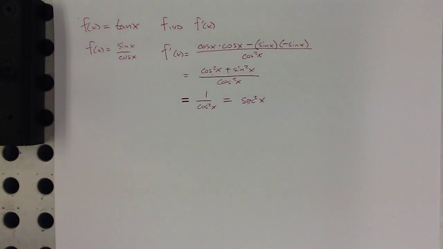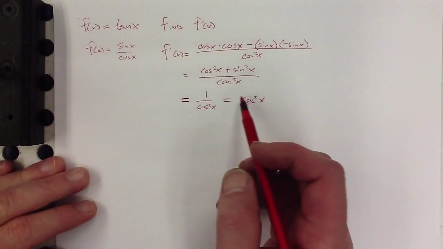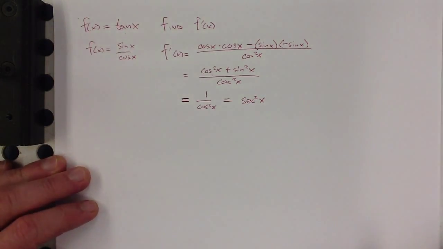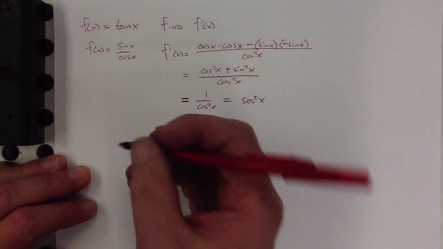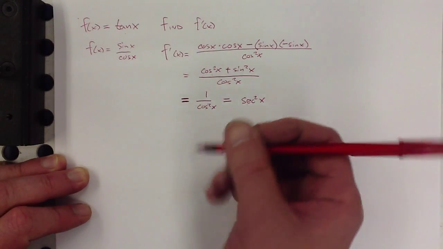Now, the rest of them, cotangent, secant, and cosecant, I could go through this exercise for you, but it's all just more quotient rule. So I'm not going to do that. I'll let you do that. Maybe it comes up in some of the homework problems. I'm going to make a table for you now of all of the trig functions and what their derivatives are.